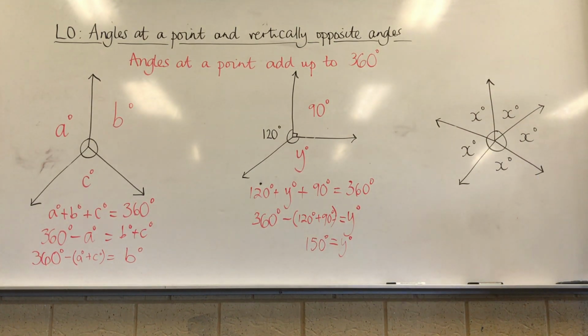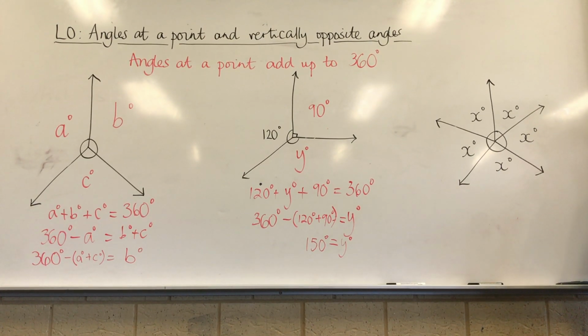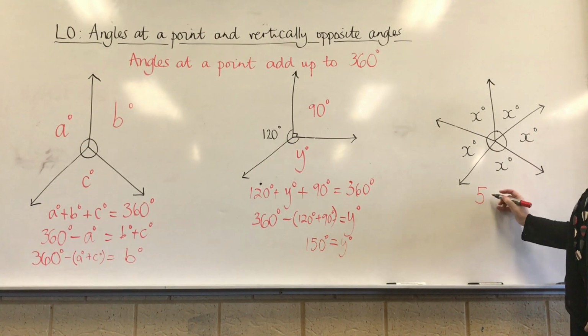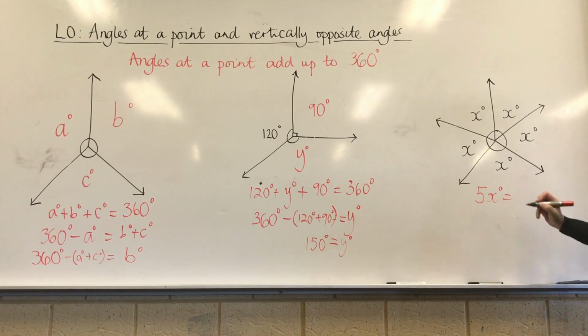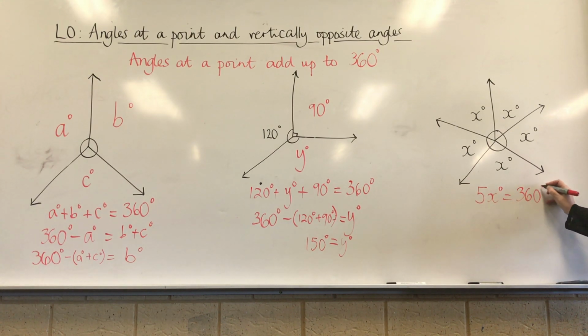Okay, this last one then, we have angles about a point with x. This is what we were doing yesterday when we were looking with the letters. So who can give me the mathematical sentence? 5x equals 360.